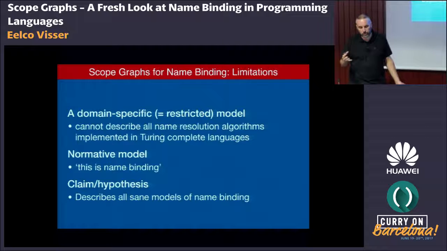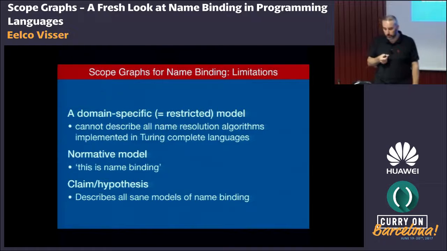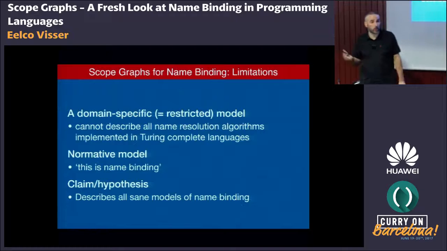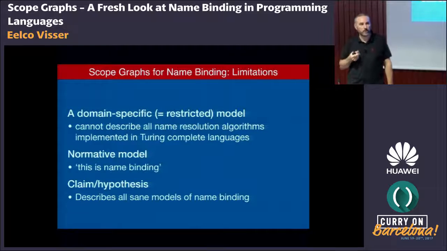So what are the limitations? It's a domain-specific model. The practice for name binding is Turing-complete algorithms and compilers. We cannot hope to cover all of those algorithms. So this really is a normative model that says, this is what name binding is.